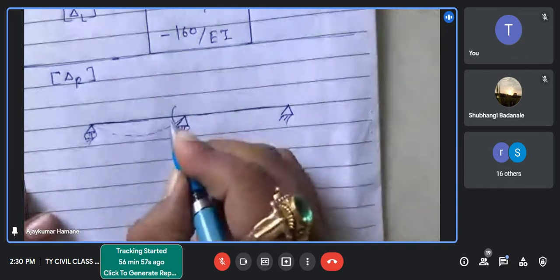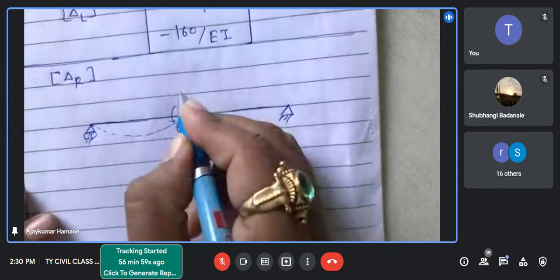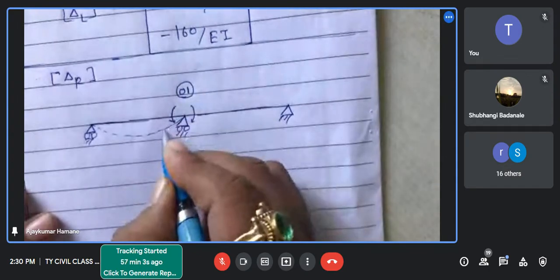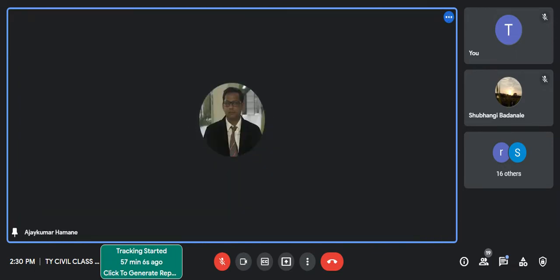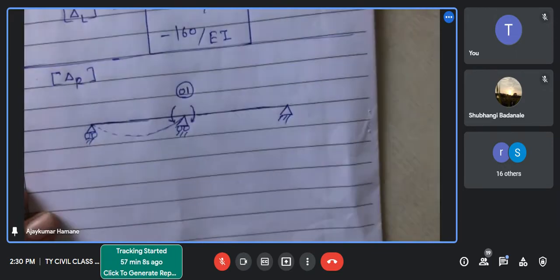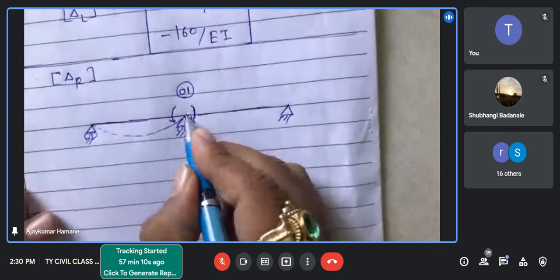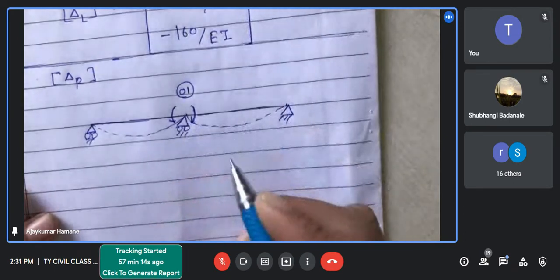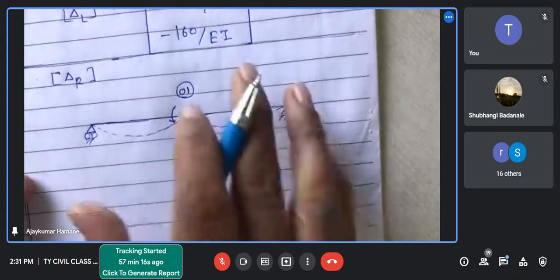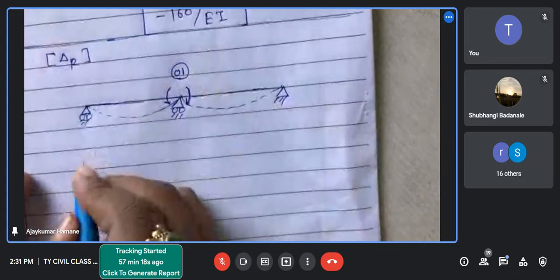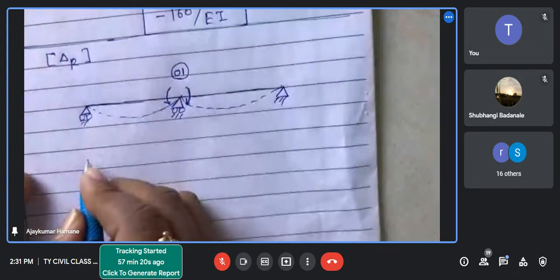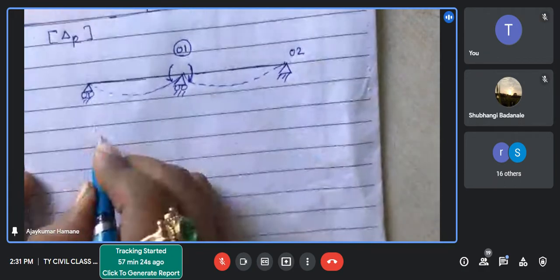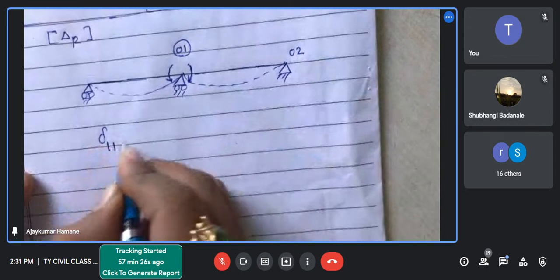Now I will take coordinate 1 only. Due to this moment we have slope at this end. And here we have coordinate 2. So first I will take delta 1 1.